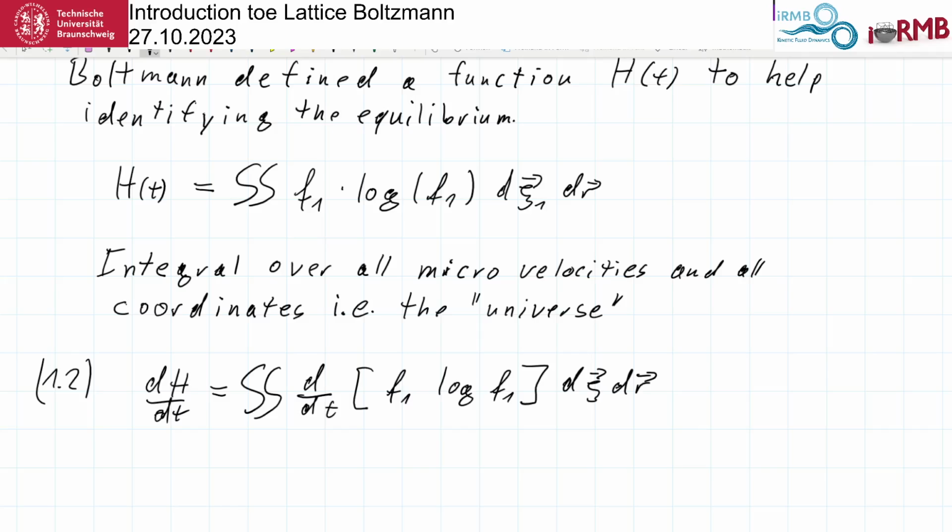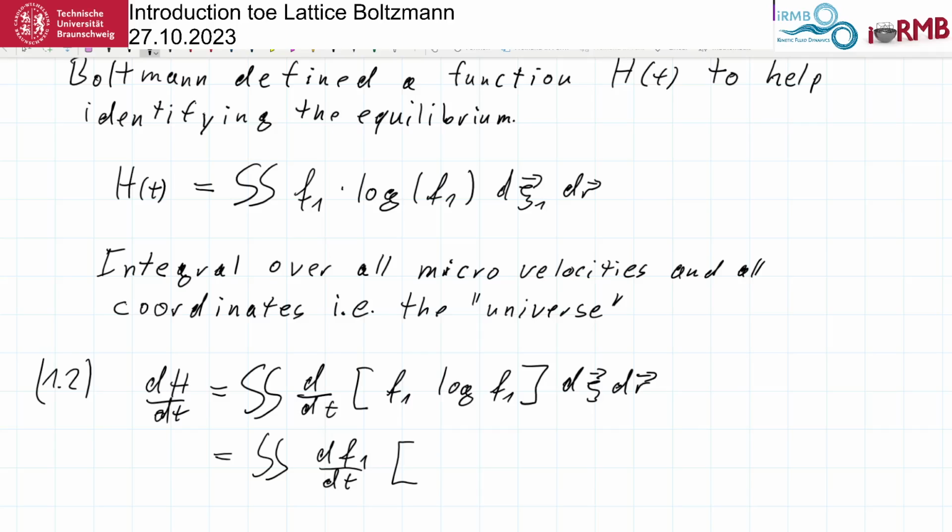I just dragged the time derivative into the integral, and now I execute this, or I distribute it over what I have here. So I have the time derivative of f by t, which is the collision, and then I apply the chain rule.